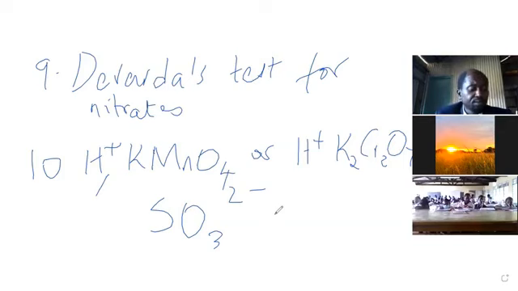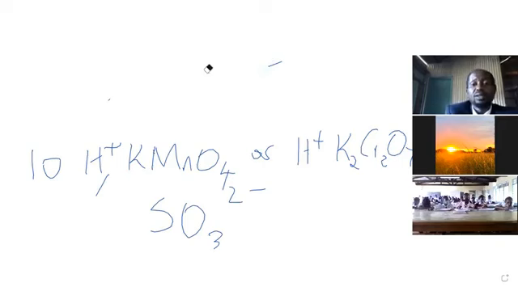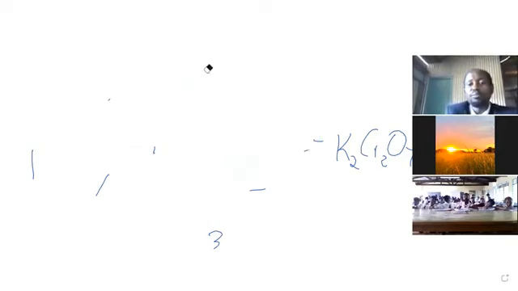The anions and cations include acidic cations and anions. So supposing blue litmus changes to red, or pH is less than 7, then you mention that that is an acidic solution.